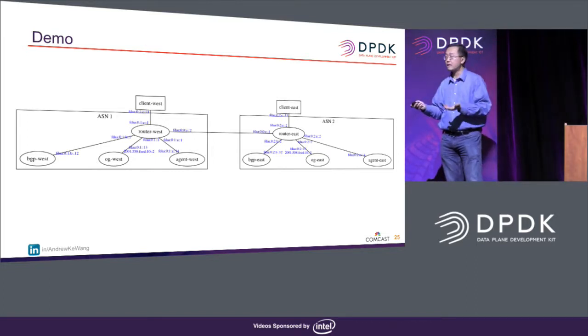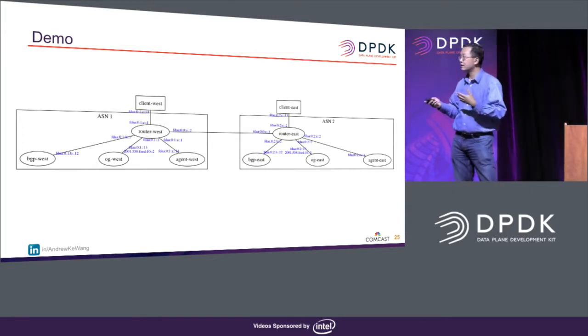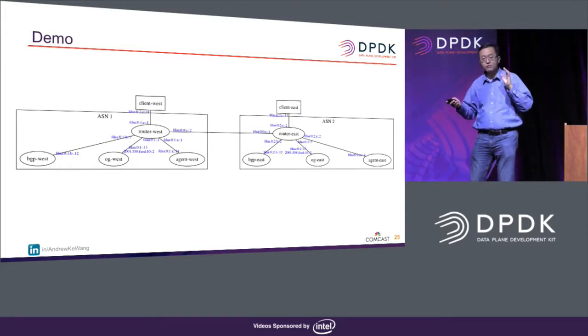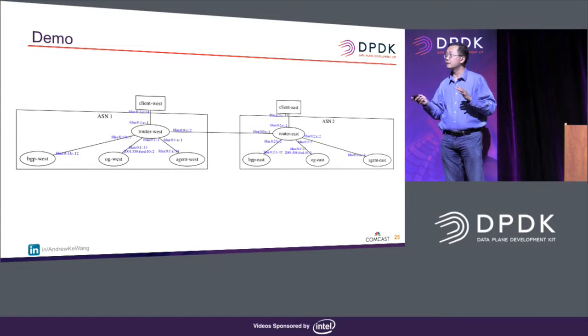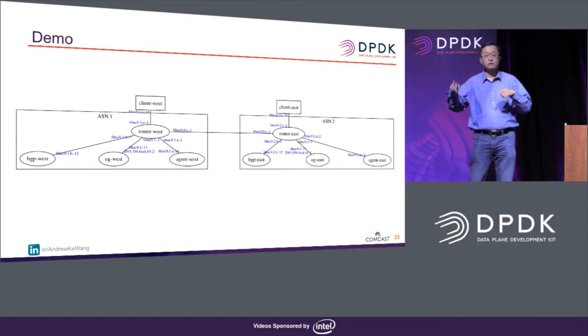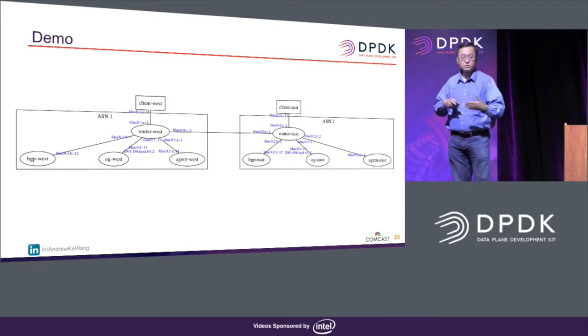For the purpose of this demo, this will simply forward the packet to the agent. This agent has an eBPF filter running that will forward the packet to the web server that is running. And when the web server's response comes back, the eBPF filter will redirect the packet back to the client directly. So this is the loop that we have developed and which we're going to try to show in this short video.